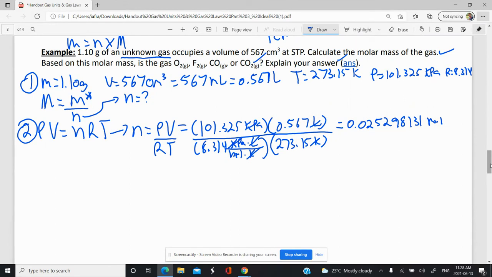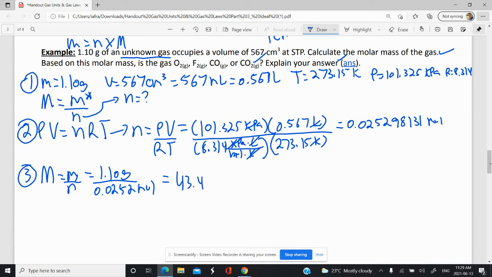So now that we have our moles and our mass, we can find our molar mass by doing molar mass is equal to mass over moles, which is going to be the 1.10 grams over 0.0252, so on and so forth, moles. All my digits are still in my calculator, though. So 1.1 divided by that, we get 43.48147208 grams per mole.